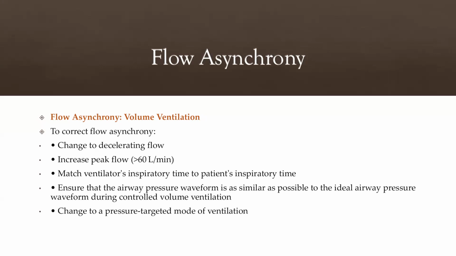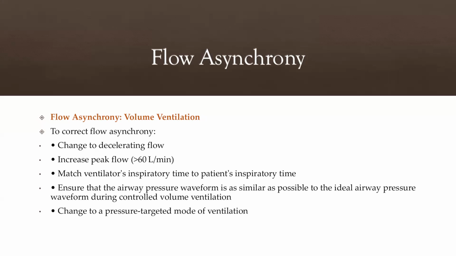So it says change to decelerating flow. How would that help? To give a lot of flow at the beginning of the breath? Yeah. So decelerating flow, you get a lot of flow when the breath starts, and then it slows down towards the end of the breath, just like with normal breathing. So that's a good thing.